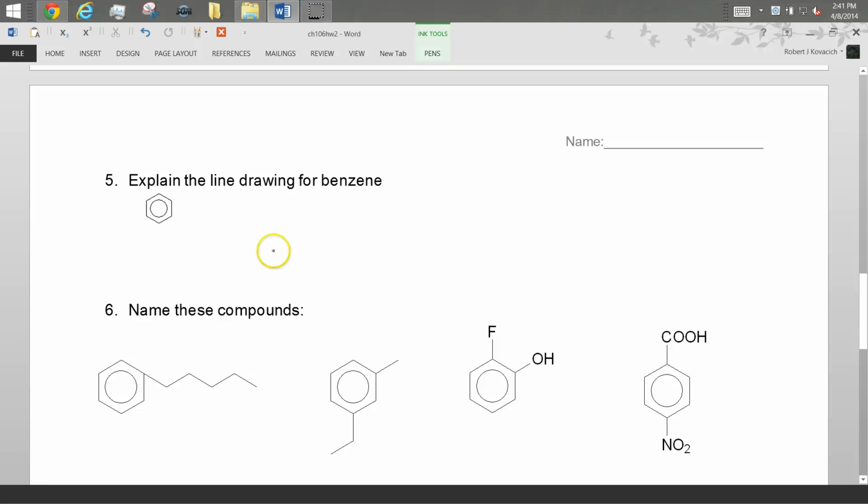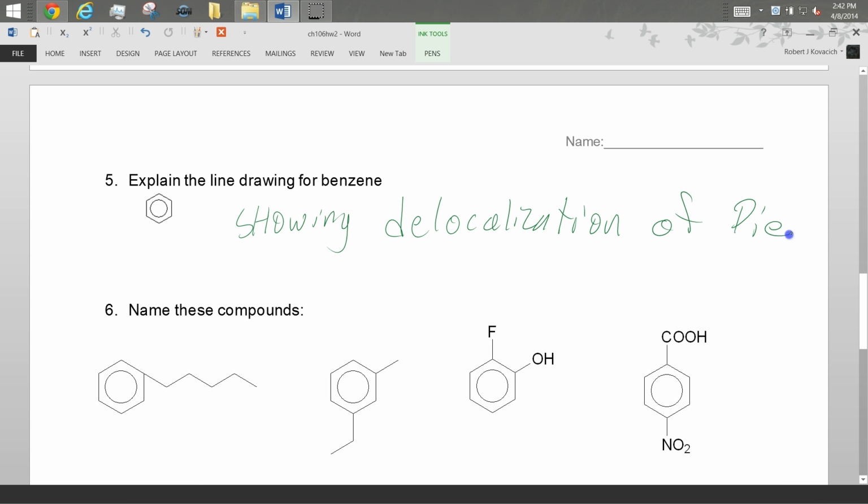So this circle inside of this hexagon shape is showing you the delocalization. Where are the electrons in a covalent bond normally found?